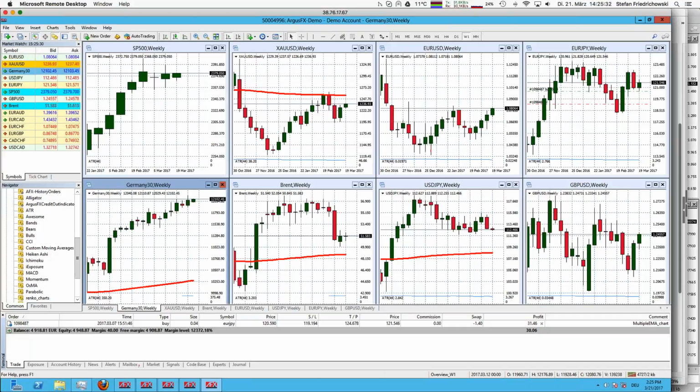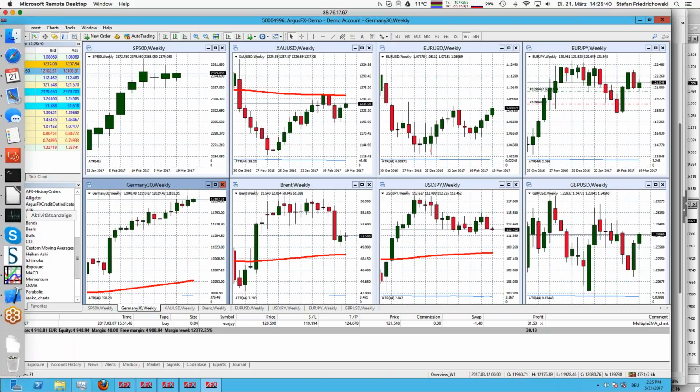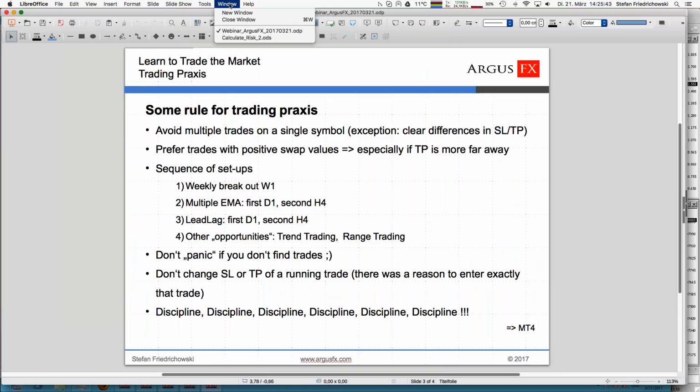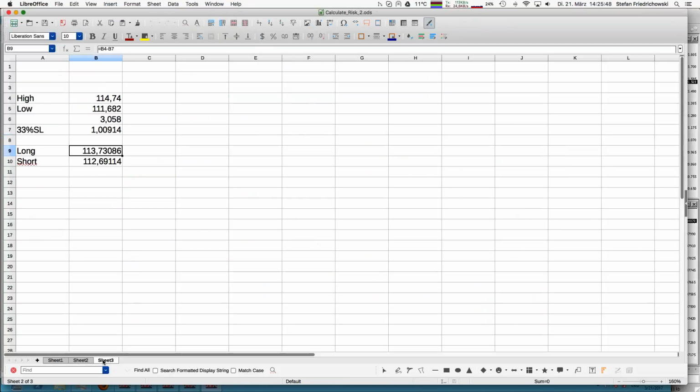So, you know, we want to place a long trade in this case because we are far above the EMA, and with those two numbers we go to our standard Excel sheet, and that is the other one here. So we can first write down the numbers for high and low.